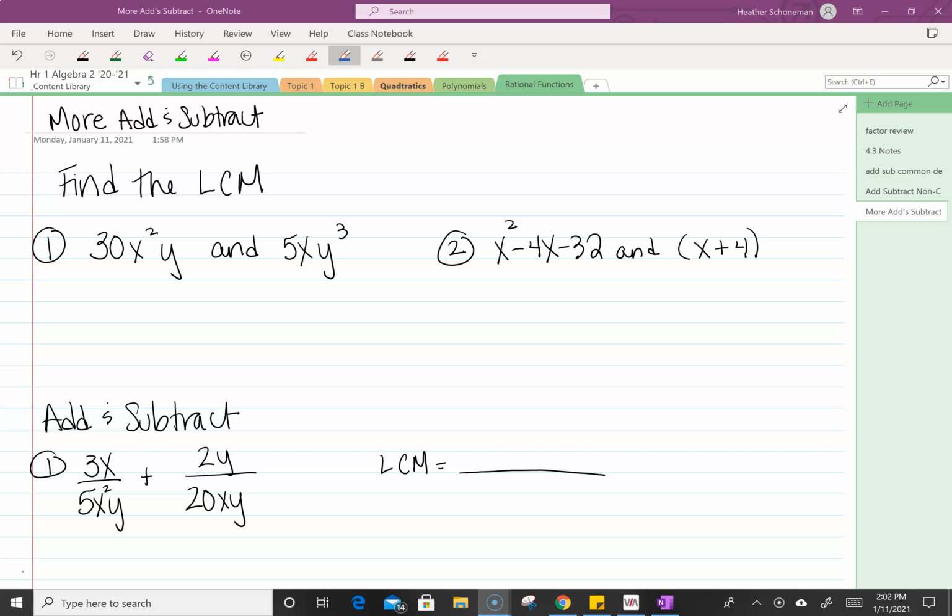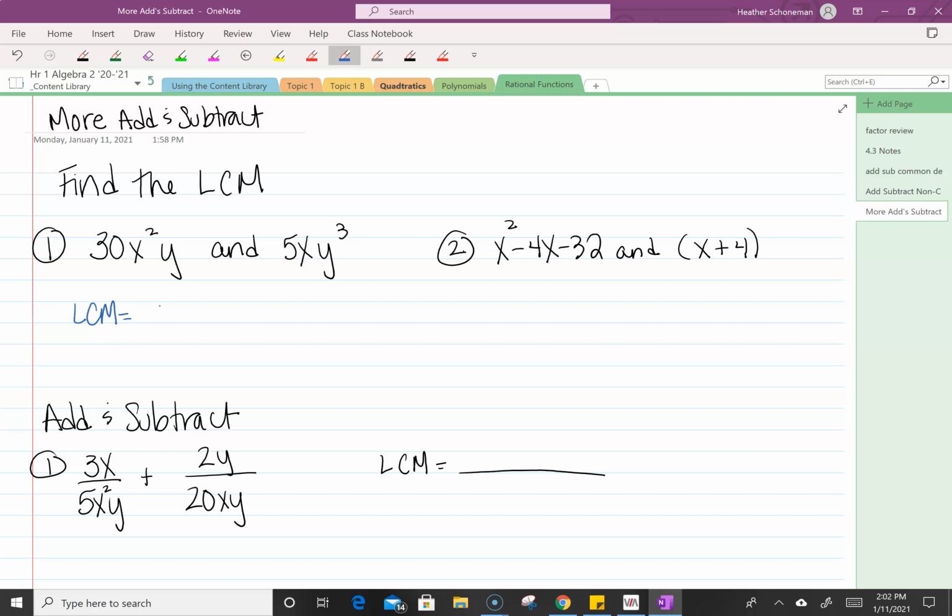All right, for number 1 and 2, we're finding the least common multiple because we need to be able to do that successfully before we can add and subtract. So on number 1, there's nothing I can factor. So to find the least common multiple of the numbers, the least common multiple of 30 and 5, think about multiples. 5, 10, 15, 20, 25, 30, 35, 40.